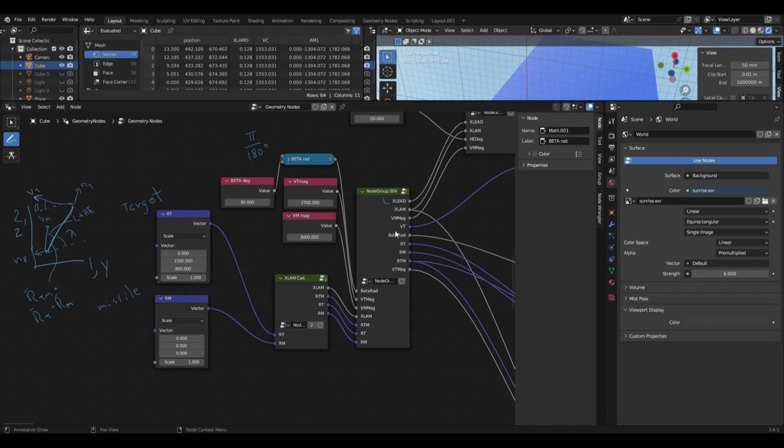So that's the L. If you look at some of the equations I write, that lead angle is that L. And then the VT is just minus VT, which is the magnitude. That's the y component of the target velocity times cosine beta. And then the z component is just VT sine beta.